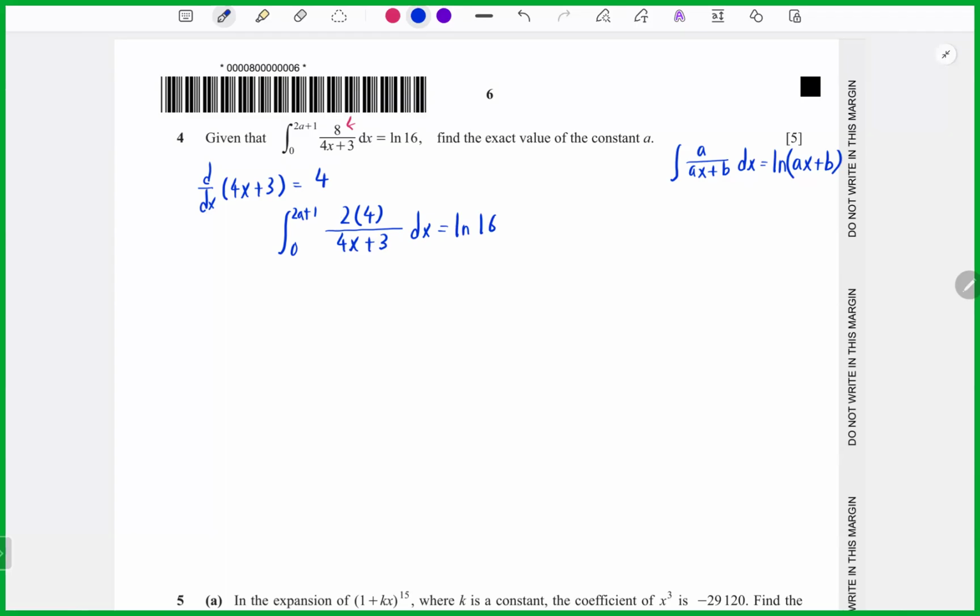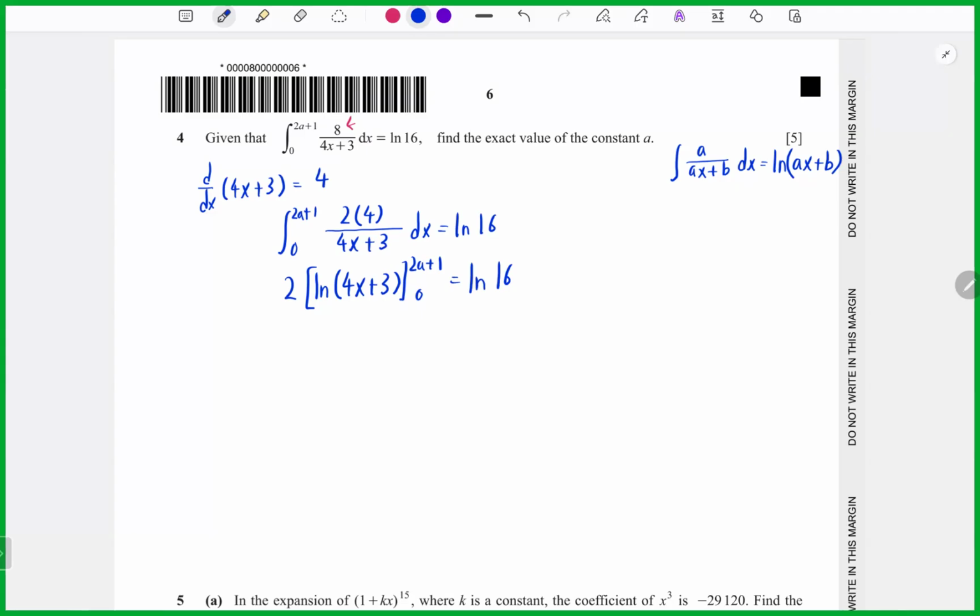So you can take out the 2 first. 2 ln, put the big bracket first, ln of 4x plus 3 from 0 to 2a plus 1 equals ln 16.